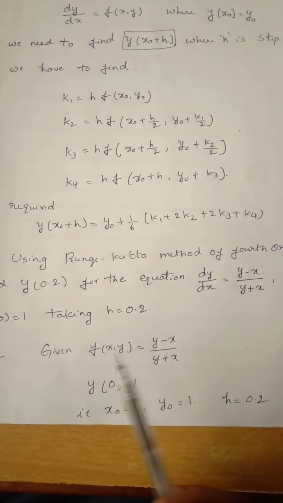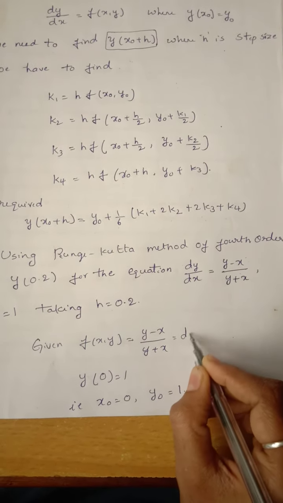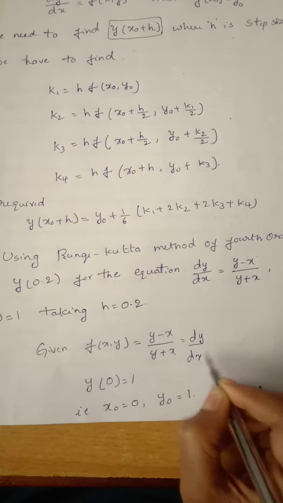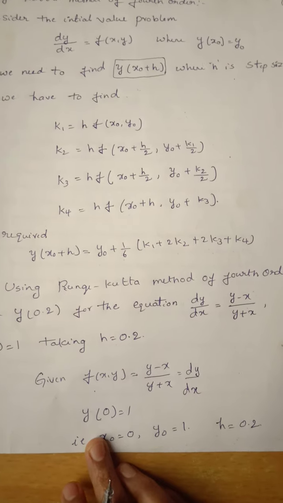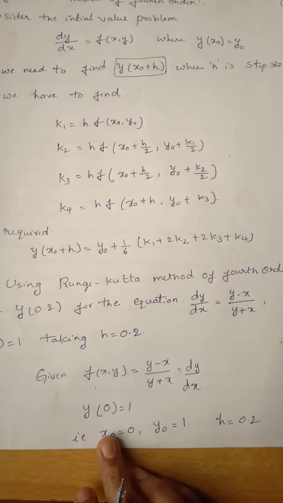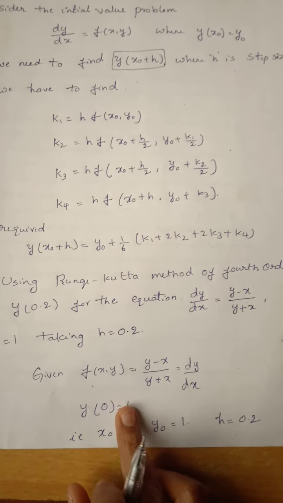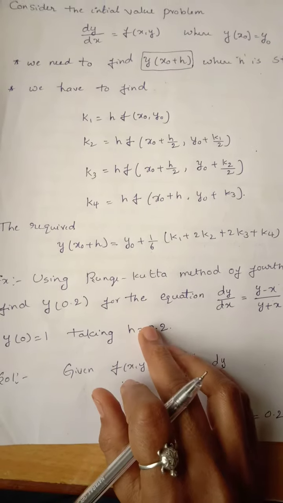Now consider the given differential equation. We consider dy by dx as f of x comma y, and the given initial condition is y of 0 is 1, that is x naught is 0 and y naught is 1, and h value is 0.2, given in the problem.